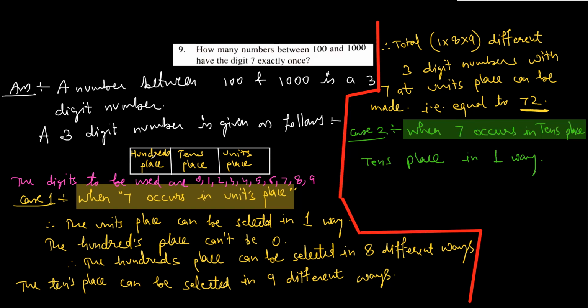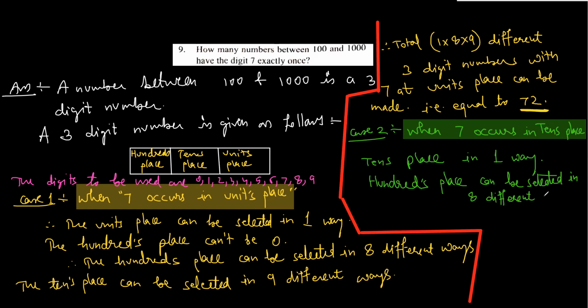Then you go for the next priority, hundreds. What will you write? Hundreds place can't be 0 and it can't be 7, so hundreds place can be selected in 8 different ways.